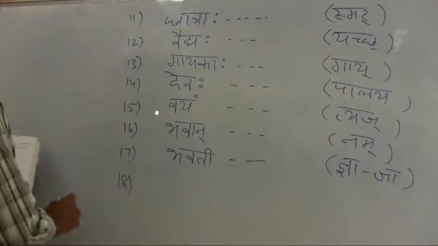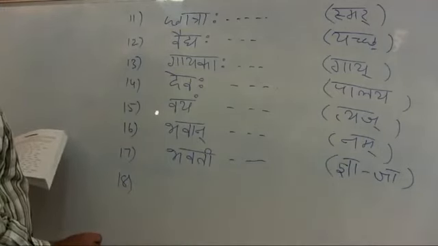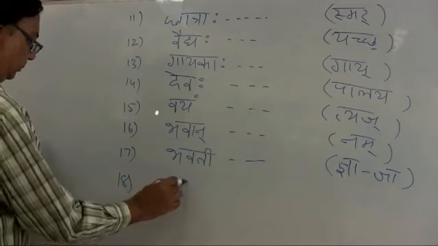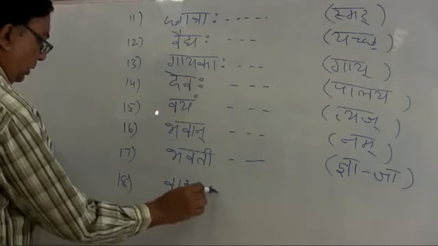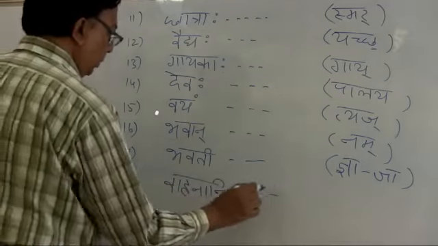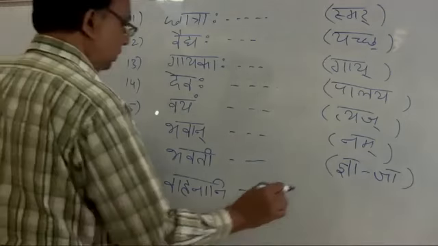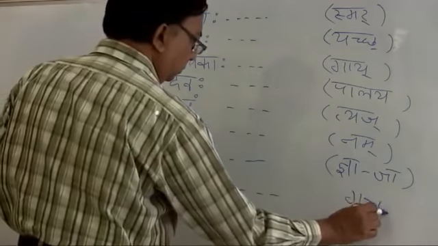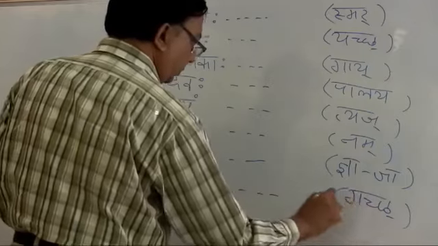The 18th one, Vahanani, is given to be used with the Gacha verb.